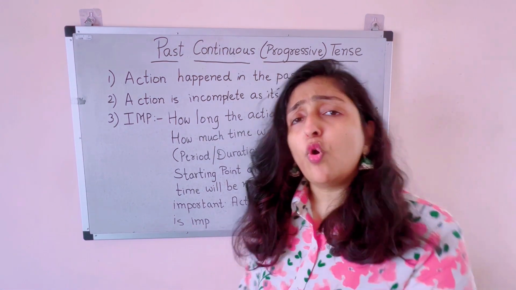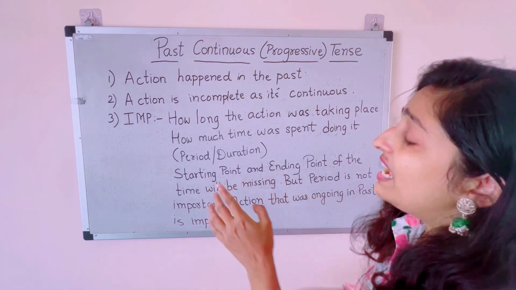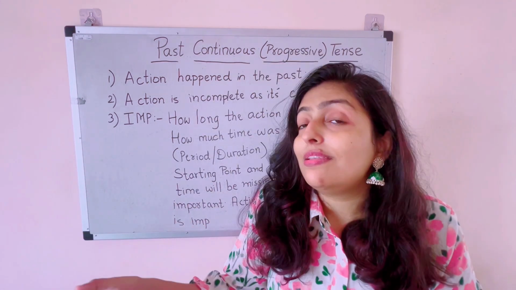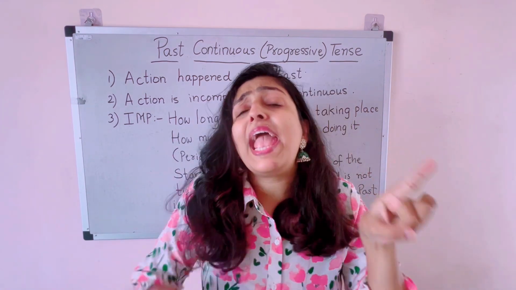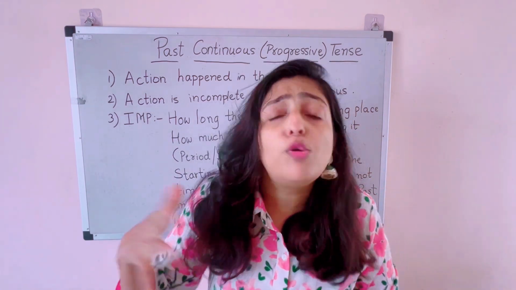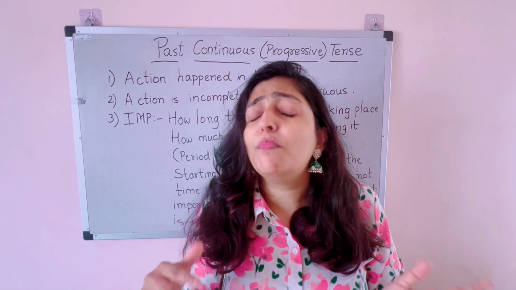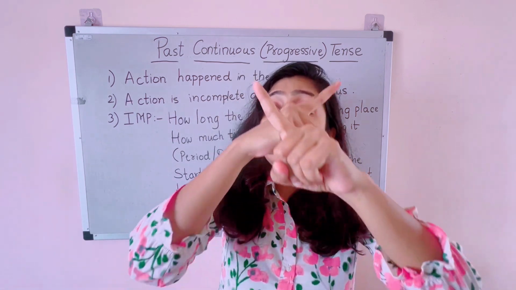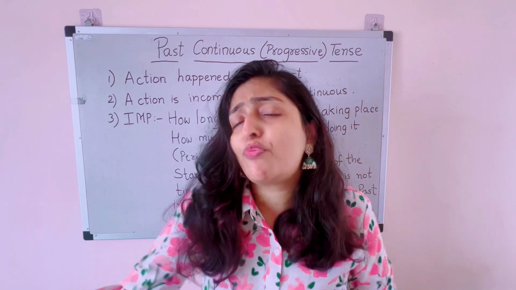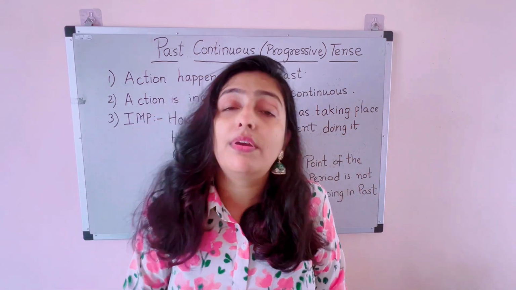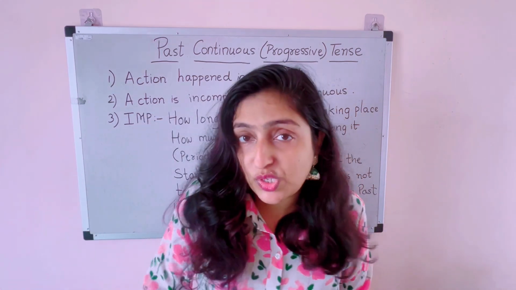I hope this is clear. In past continuous or progressive tense, the starting point and the ending point of time in most cases will not be mentioned, and you will comprehend it better when we solve the examples.